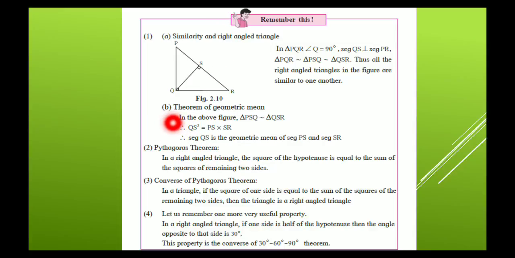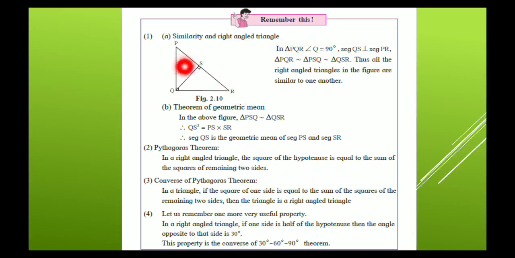Next, we will learn the theorem of geometric mean. This we have also learned in standard 9th itself. In the above figure, we know that triangle PSQ and triangle QSR are both similar.